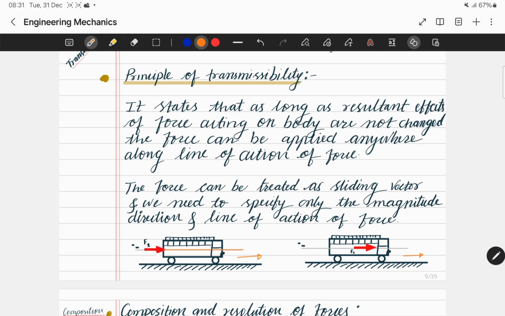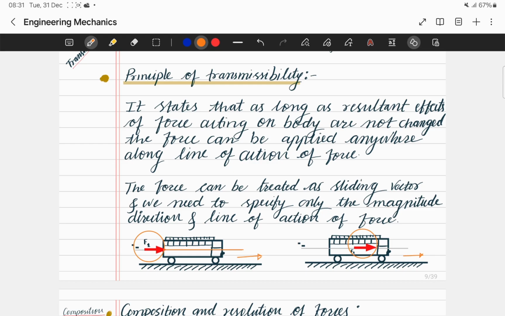If I represent this force F1 at this point, or at this point, the bus is traveling in the same direction, from left to right.